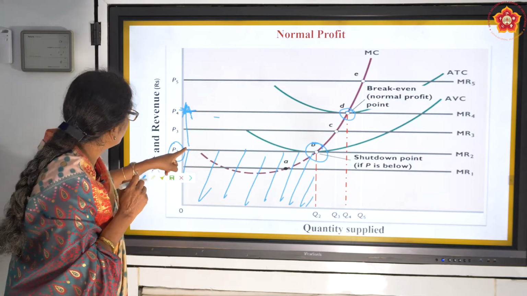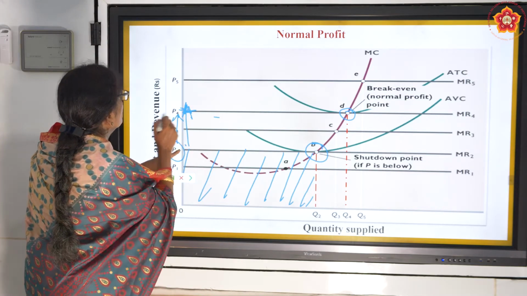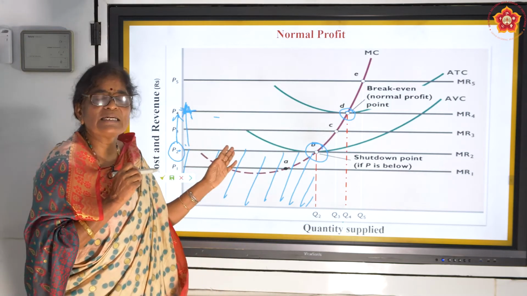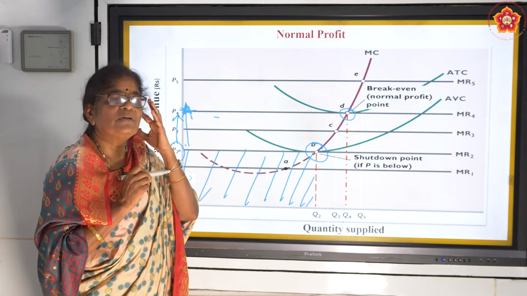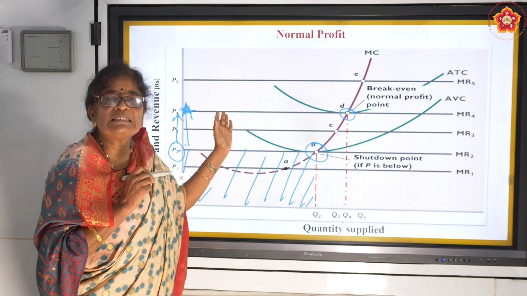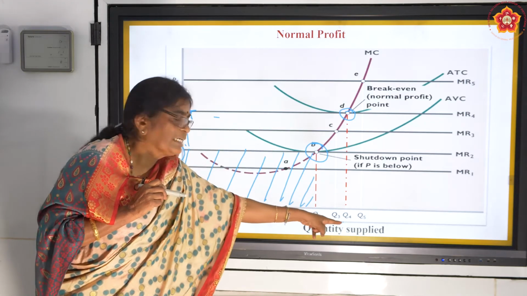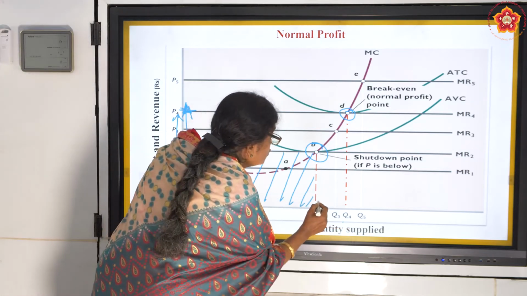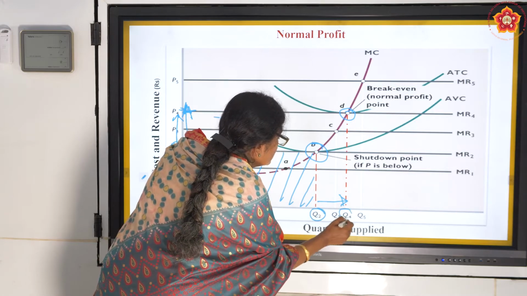Why, when price goes from P2 to P4, does the quantity increase? You know that in the market, price and quantity supplied have a positive relationship. Therefore, when the price increases, the firm's supply also increases. Therefore, output supplied increases from Q2 to Q4, from here to here.